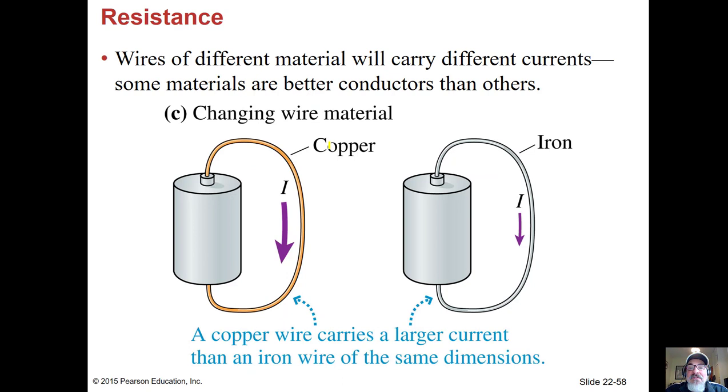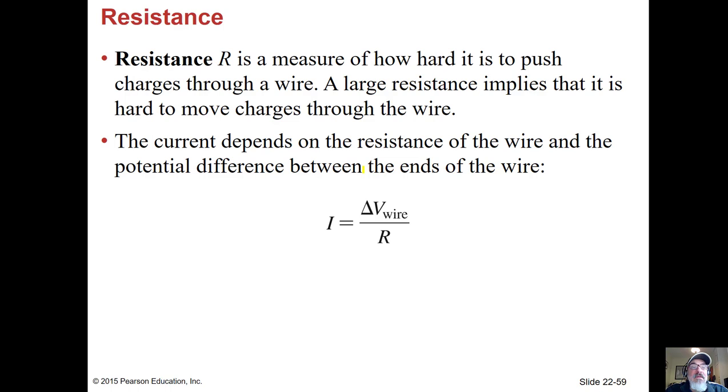Copper versus iron, there's a difference in how many charge carriers are available, so we have different resistance, something called the resistivity of the wire. So copper wire carries larger currents than iron, because copper has more free charge carriers than iron. Okay, so there's something called resistance.